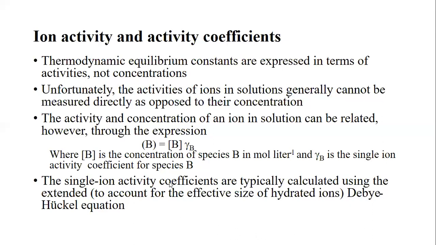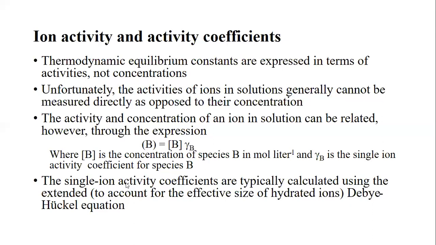So B in brackets is the concentration of species B in mole per liter, and gamma of B is the single ion activity coefficient of species B. To obtain the activity of B, we take the concentration from measurement and multiply it by the single ion activity coefficient of that ion, and then we can obtain the activity.